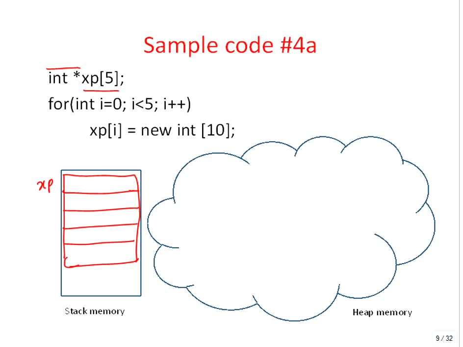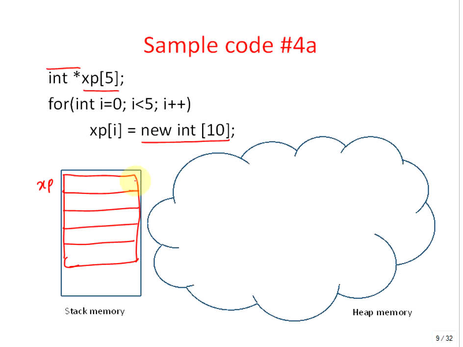We have a pointer array and we have this loop here, and within this loop we are allocating an array of 10, assigning to XP of 0, then XP of 1, XP of 2, and so on. Every time you do this new int 10, it returns a pointer, the memory address of that new allocation.